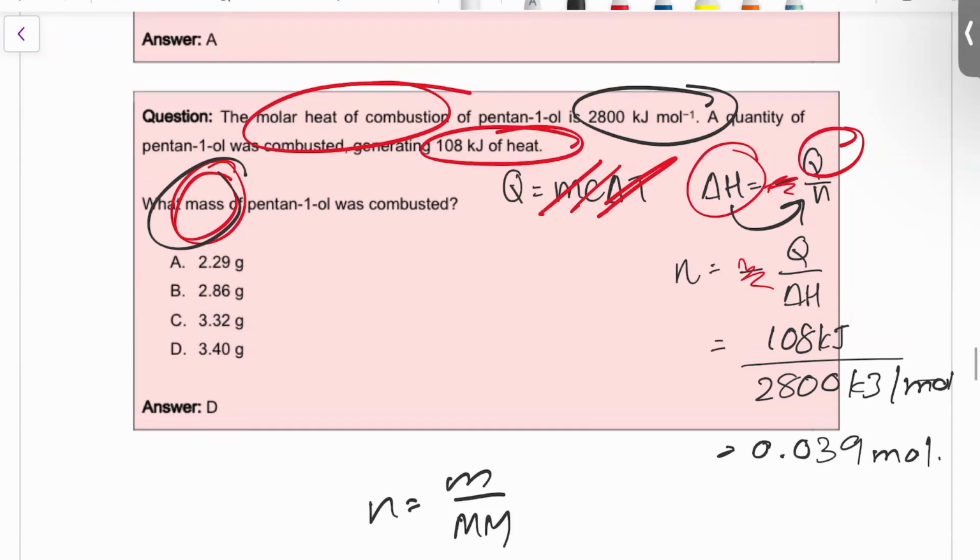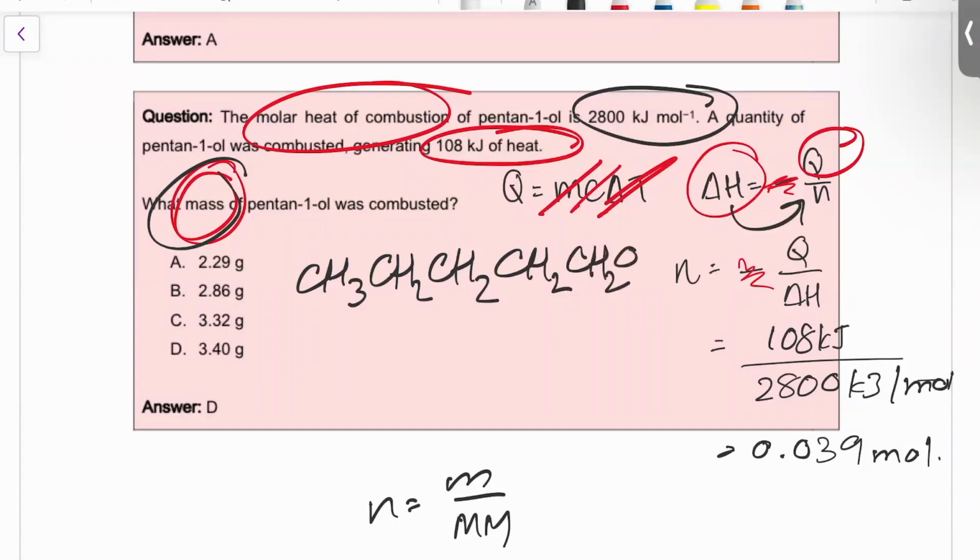So my formula for pentanol is CH3 at the end, then CH2, CH2, CH2, and CH2OH. Writing it like this is just easier to look at, and then you can make your general formula afterwards. So that's 1, 2, 3, 4, 5 carbons with my hydroxyl at the end.